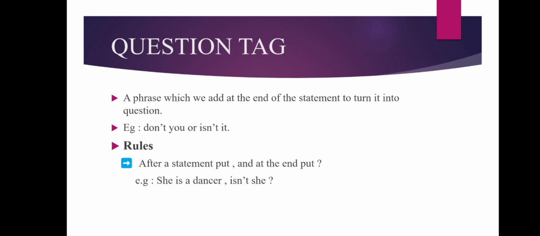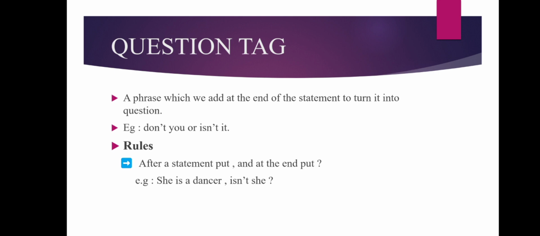What you have to do is put a comma after that statement. This is necessary. Next to that, you add a phrase. Here, is is the auxiliary verb or helping verb, and you frame the question tag with the help of that helping verb.